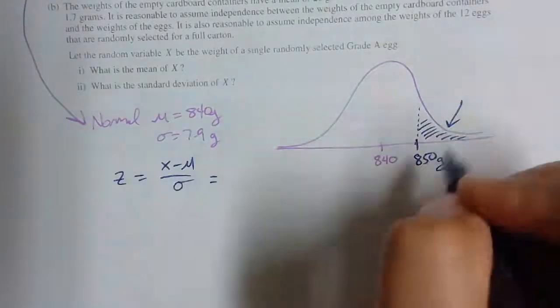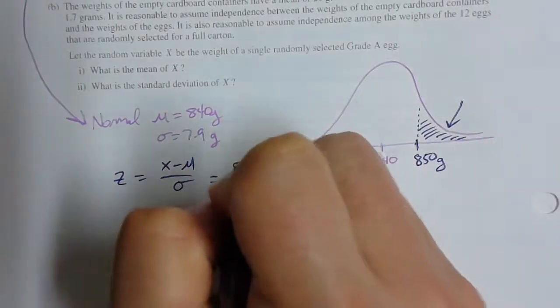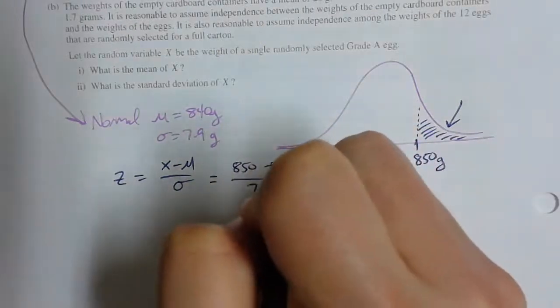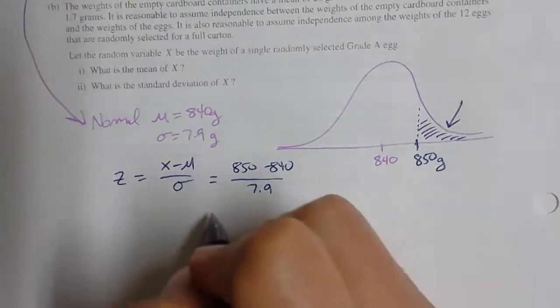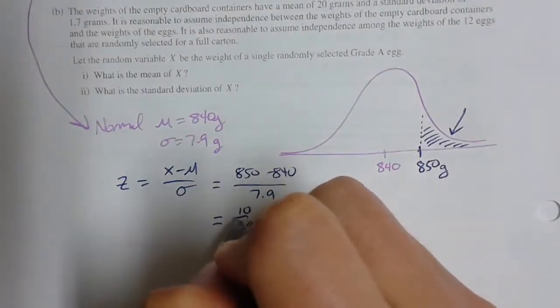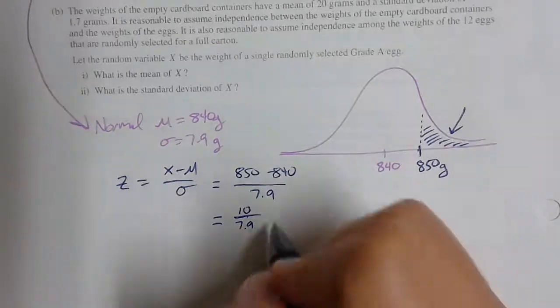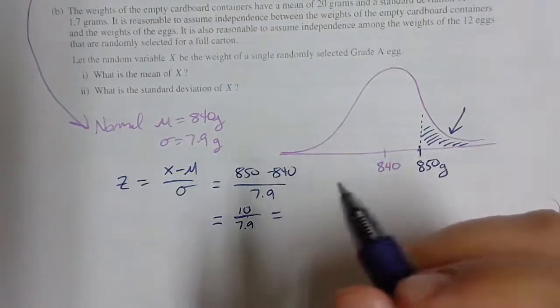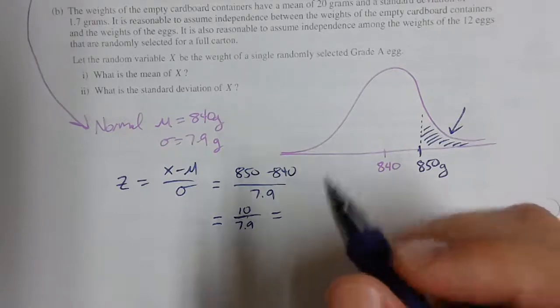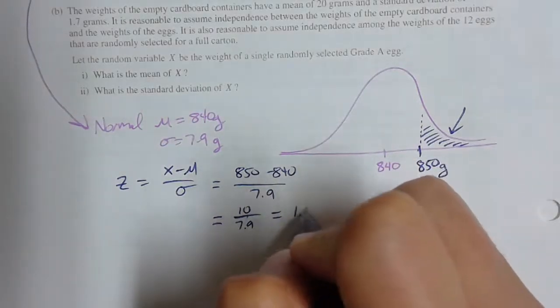So in this case, z is 850 minus 840 over 7.9, and just as a reminder, z tells us the number of standard deviations above or below the mean. So we can find our z-score, and if you round it to 2 decimals, it comes out to be 1.27.